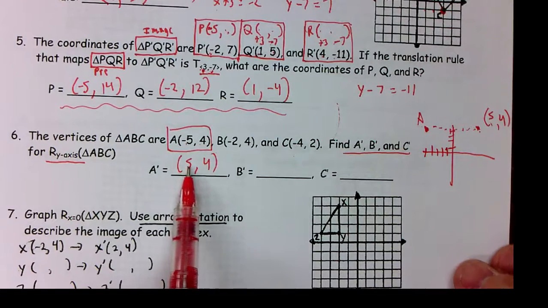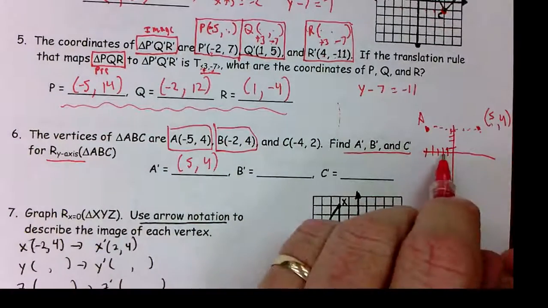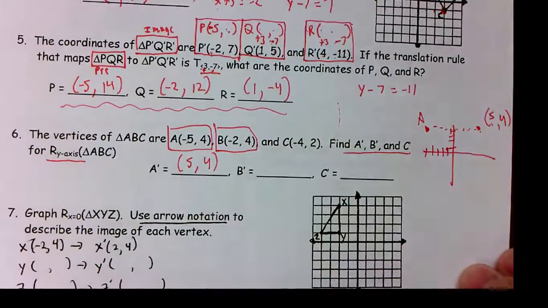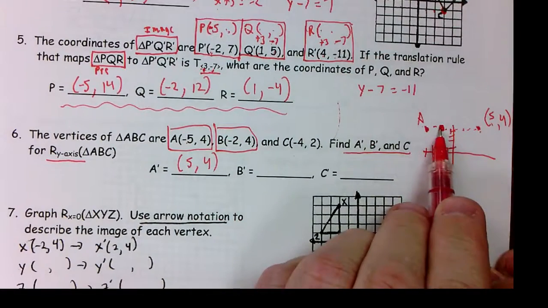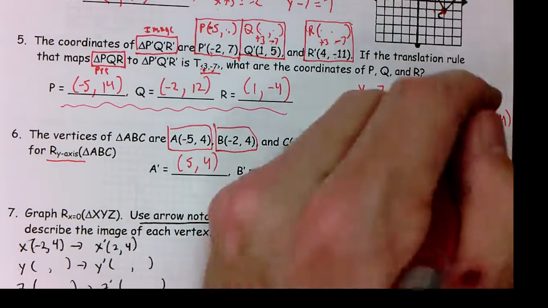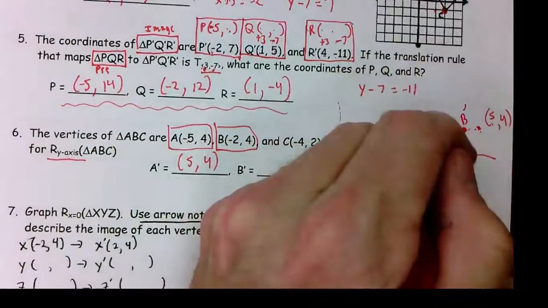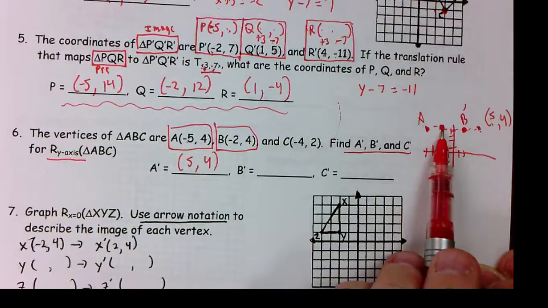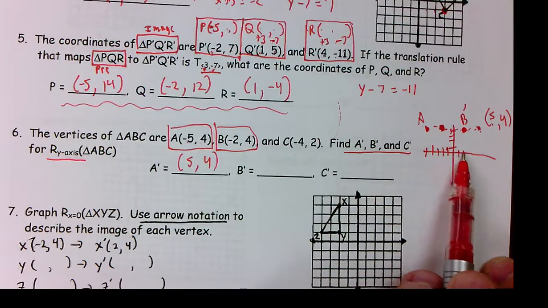Let's try that one more time. How about the b value, which is at negative 2, 4? So it would be like right here. It would go 2 spots to the y-axis, 2 spots to the other side, and it would end up there. Again, it's still going to be at y equals 4, but now the x value is 2. It's the ordered pair 2, 4.